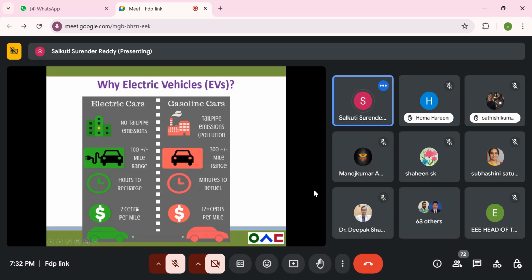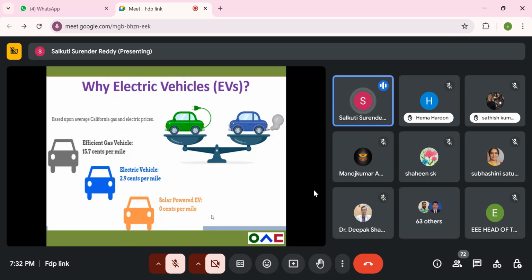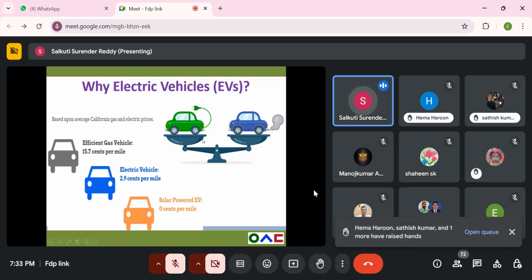Of course, the operating cost is very low compared to gasoline vehicles, meaning diesel or petrol vehicles. But initially, the cost of an electric vehicle is very high compared to IC engine vehicles. Still, if you keep them in balance and use the electric vehicle for 4 or 5 years, then the cost of both vehicles is going to be the same.